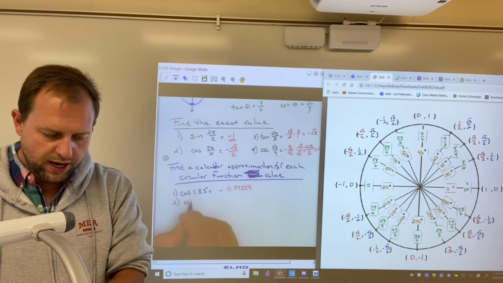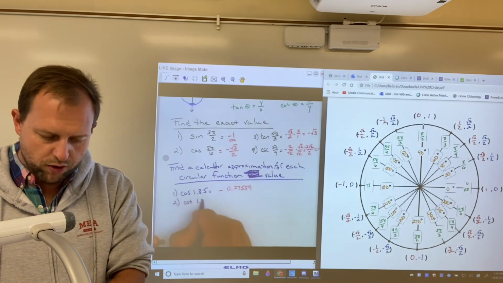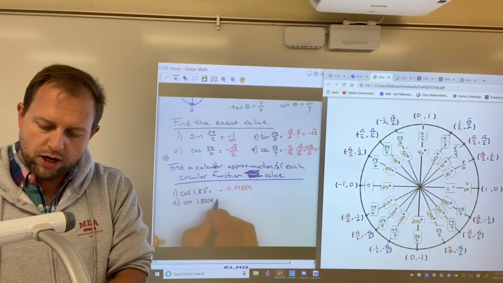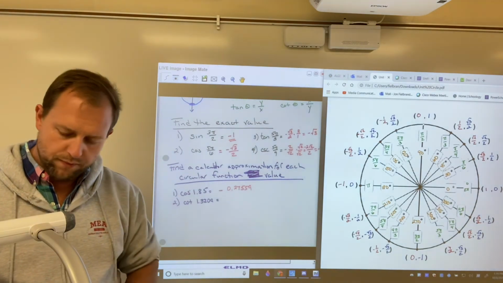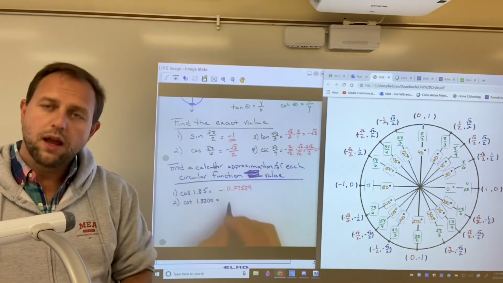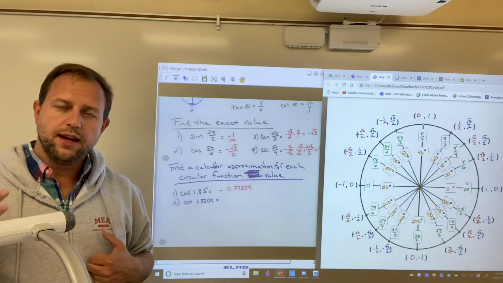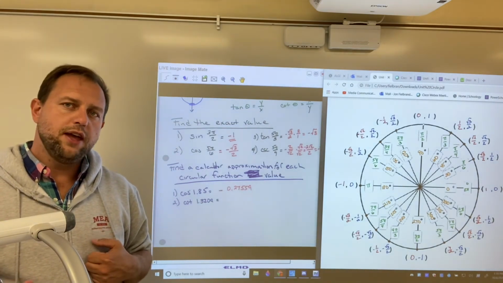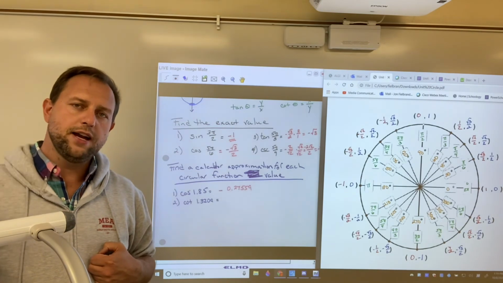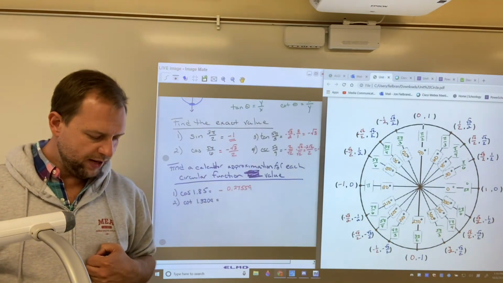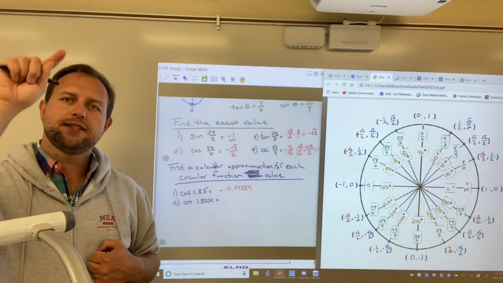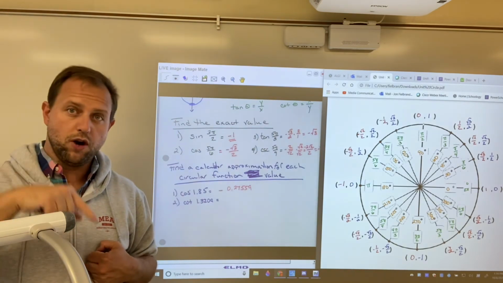To find the cotangent of 1.3209, you're going to take the tangent value of tan 1.3209, get that answer, and then do 1 divided by the answer. Or you may have a key that is x to the negative 1 power, or 1 over x.